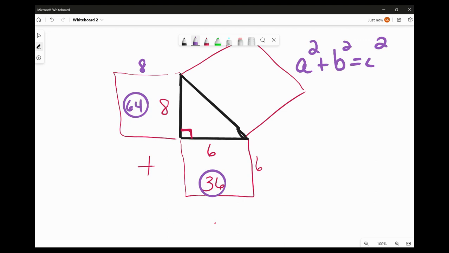So we want to find out this side length, and I'm going to call this C, and I'll explain that in a minute. In order to find that side length, I can use this formula over here, a squared plus b squared equals c squared.